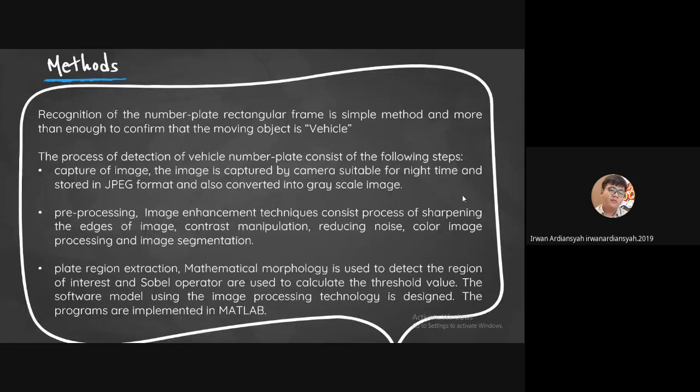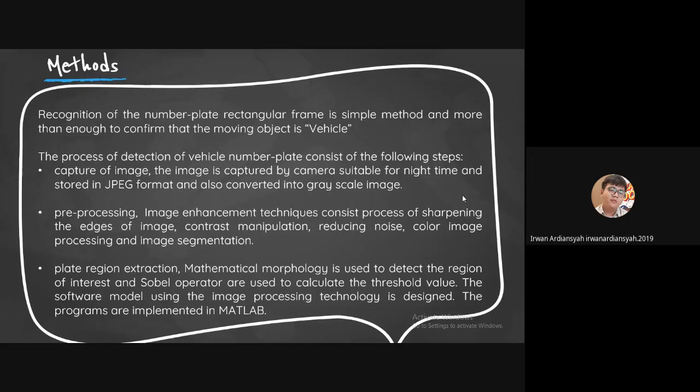Okay, for this section, I will explain about the methods from this journal. Recognition of the number plate rectangular frame is a simple method and more than enough to confirm whether the moving object is a vehicle or not. The process of detection of vehicle number plate consists of the following steps. The first is capture of image.